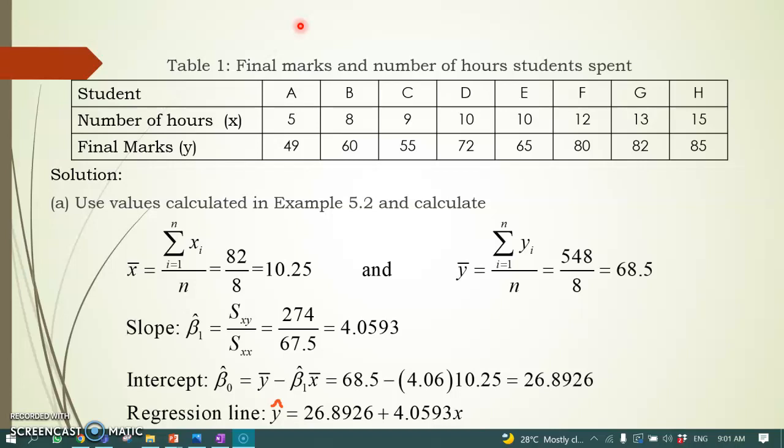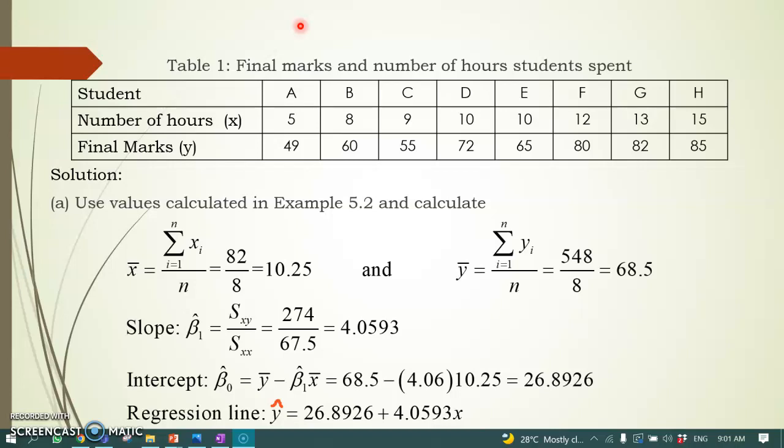Right. So y hat equals the intercept first, 26.8926, plus the slope 4.0593 and also x. Don't forget to write down x beside the slope.